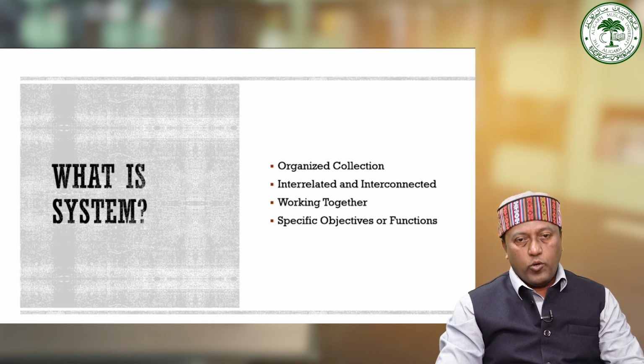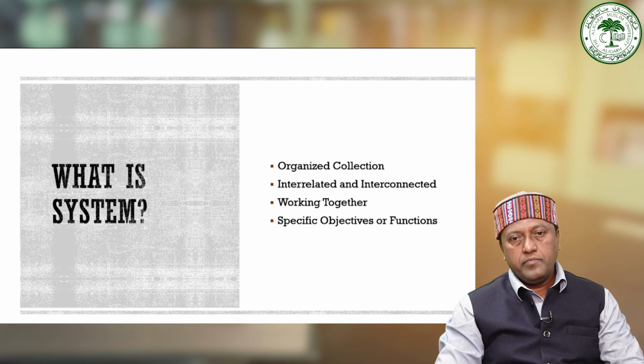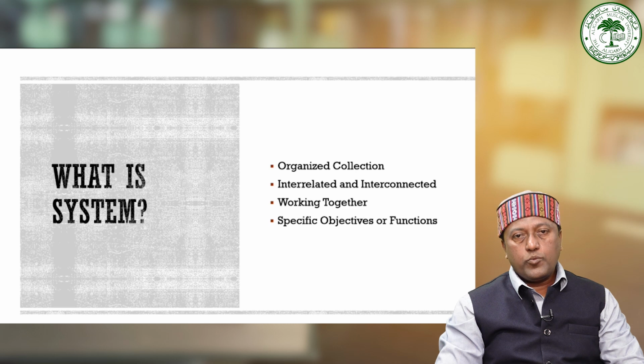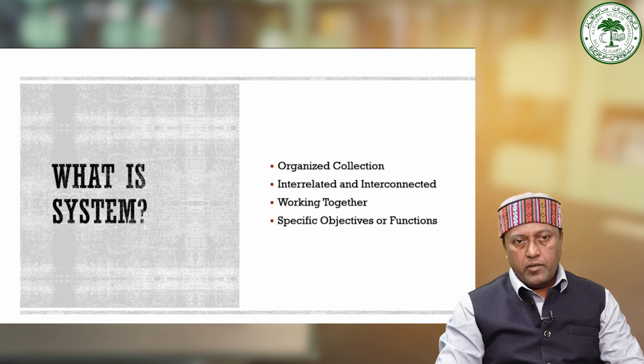It consists of various components such as engine, transmission, wheels, chassis, suspension, brakes, steering system, and electrical system. Each component has a specific function and contributes to the overall operation of the car. So when we talk about the system, the first thing is you should have the organized collection. So you can see what the components are and how they can be organized.